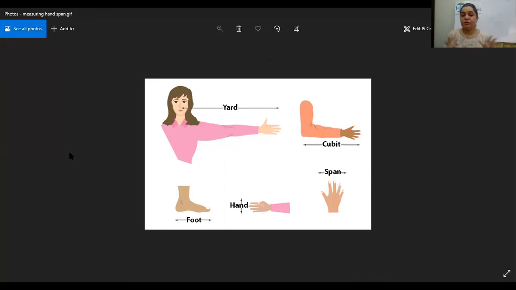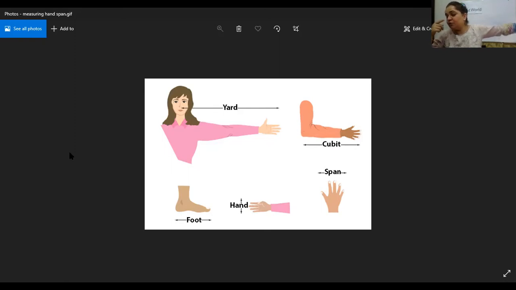So these are the non-traditional ways of measuring. For a cubit, we measure from our elbow to our hand like this. People used to measure with feet, putting foot after foot, 1, 2, and 3. And we measure yards by putting our arm out like this and bringing it to our nose.